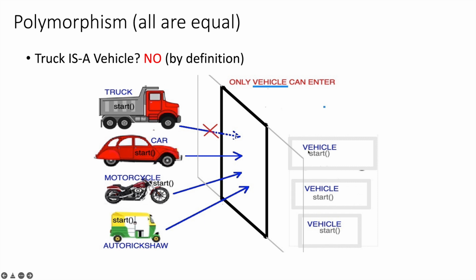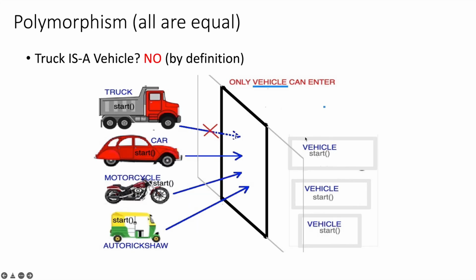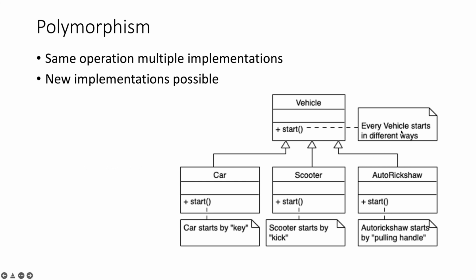So you will find vehicle must have a start method, otherwise this operator will not know what needs to be done. And that is where having a start method here is a must, but the implementation of this start method will never get called because there is no occasion when we call it on this instance. And this is a very tricky thing: just to have a start method here so that the people who are going to see it as a vehicle will see the start method, and not having the implementation.